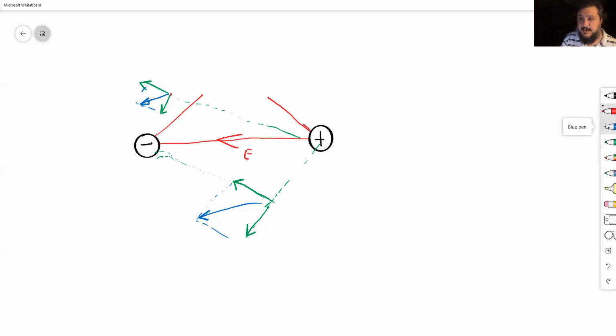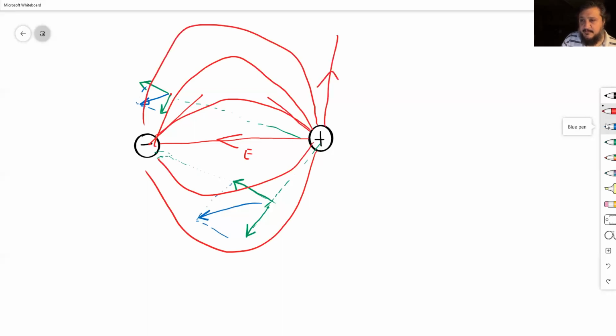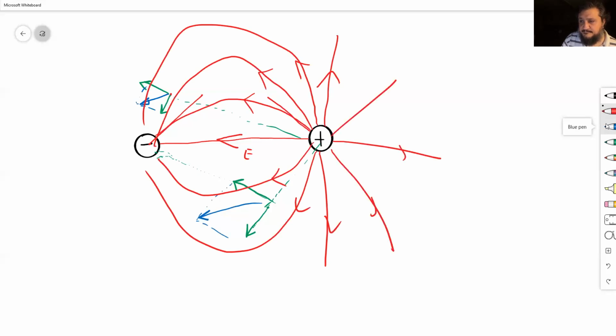You're going to end up with lines such as these. Now, the direction of the field is like this, from positive to negative. Even these ones should go from the positive to the negative.